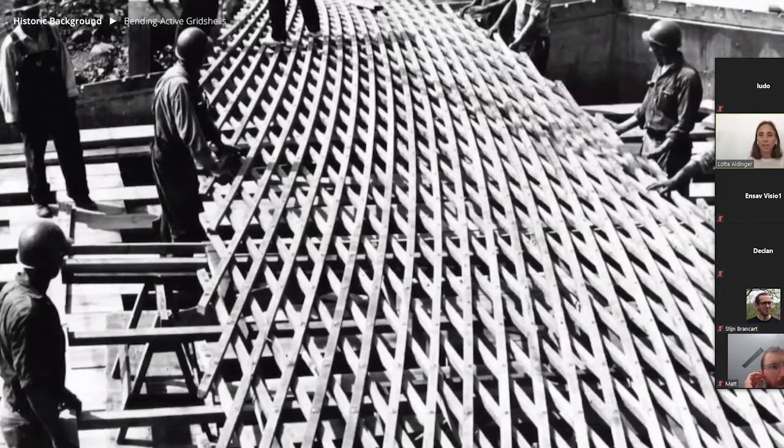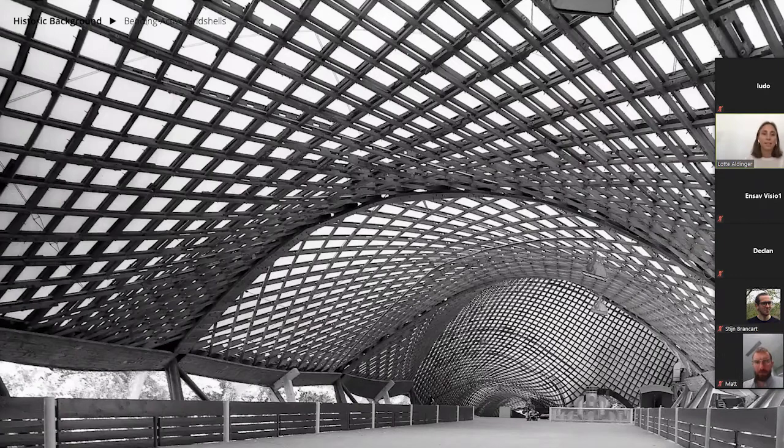And nowadays, there's a multitude of examples, mostly at the pavilion scale, that deal with bending active structures, also addressing their simulation, which can be quite advanced.